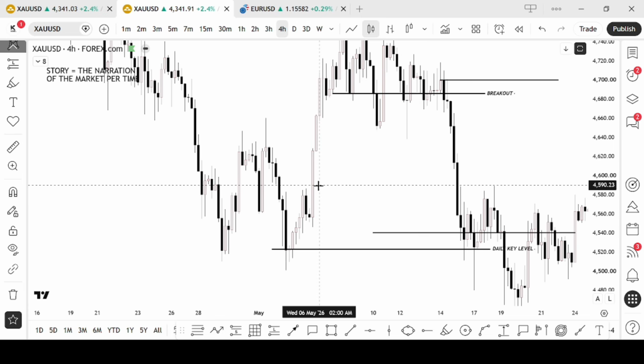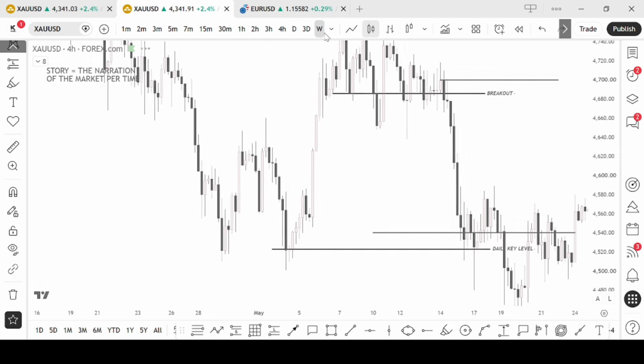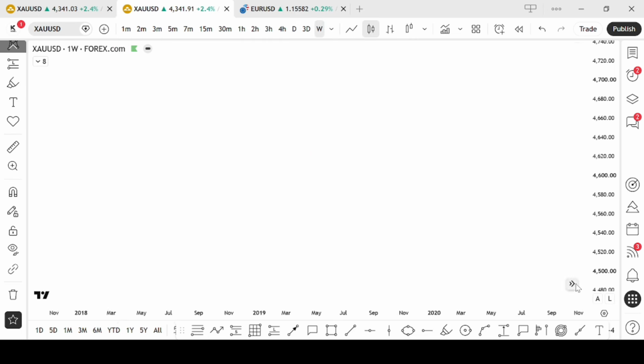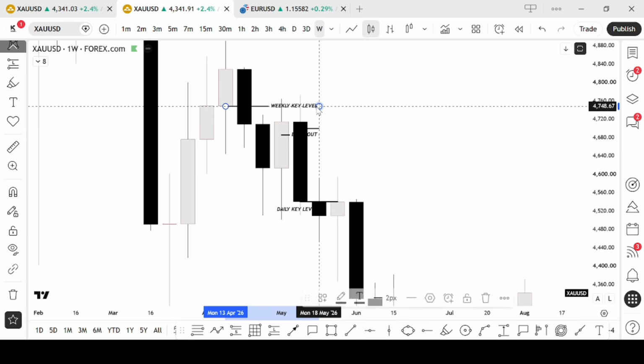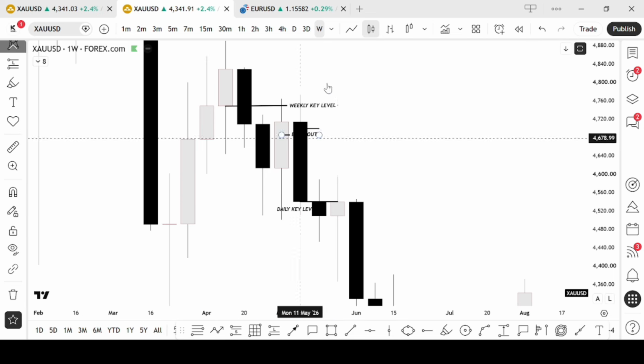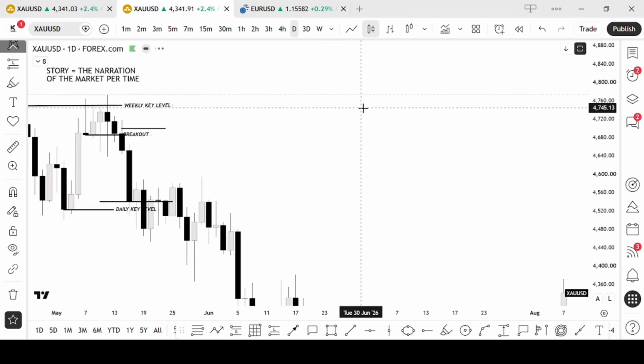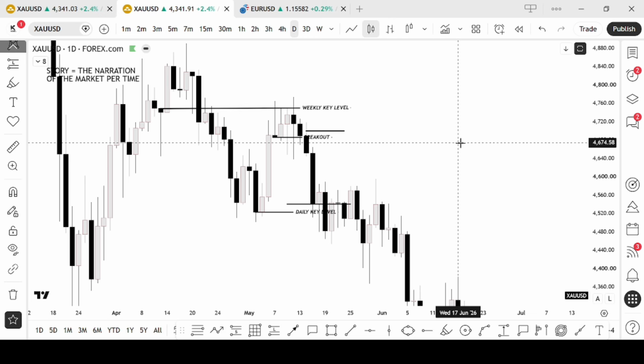Now, I want us to rewind and go back to the weekly time frame, so I will show you how this played out on weekly. On the weekly time frame, we had the weekly rejecting weekly here, and we need to confirm the breakout, which is on the daily. Now, at what point did price tap the weekly time frame?